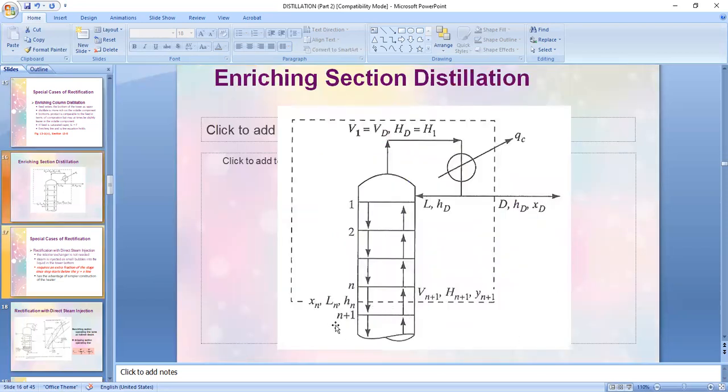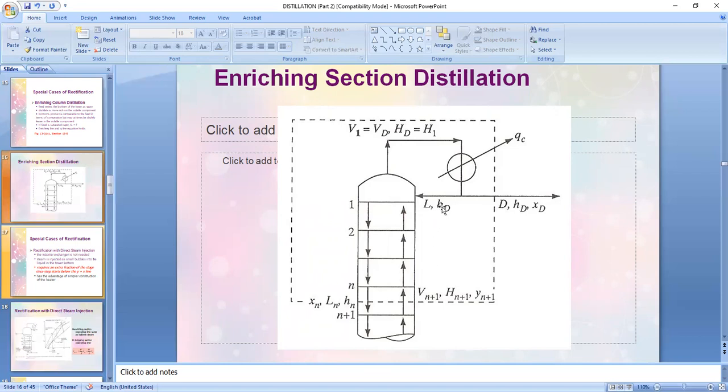So your feed in this case is just vapor introduced at the column bottom, or at the bottom of the column. Now, your vapor feed is labeled as V sub N in this case, just like the vapor coming from the reboiler, as I have mentioned also.